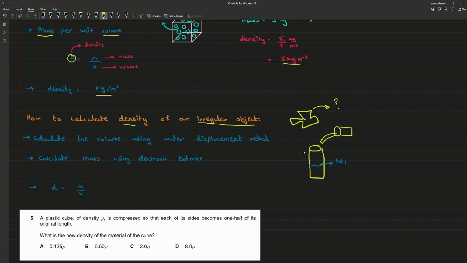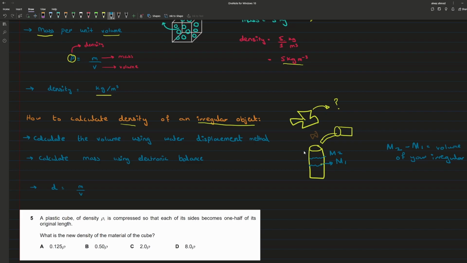The next thing you do is you put your irregular object inside the water, and obviously the water level will rise, and you will then mark the second level as M2 after the irregular object has been put in the measuring cylinder. Now you subtract the later reading from the initial reading, and you will get the volume of your irregular object. We're going to do a question related to this and it will become much clearer.